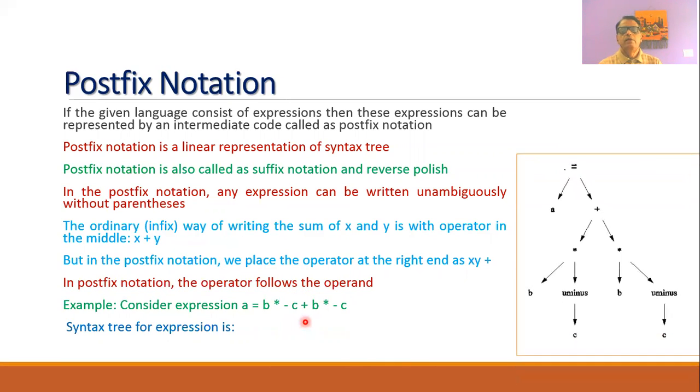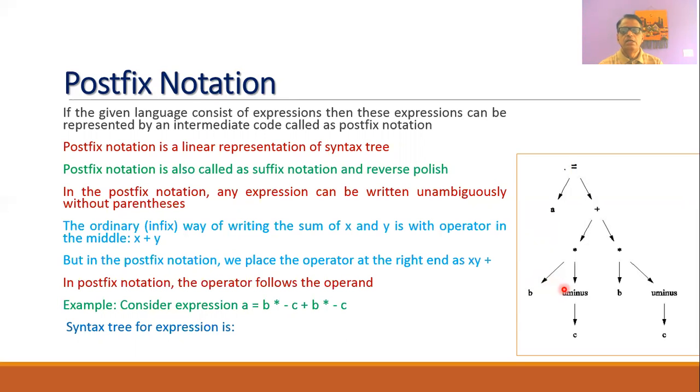Now it is possible that we can construct the syntax tree for this expression, and the syntax tree will look as shown in this figure. So the assignment operator will come over here. Its first argument will be A, the second argument will be the plus operator. The plus operator will have the arguments star and star. The first star will have the operands B and unary minus.